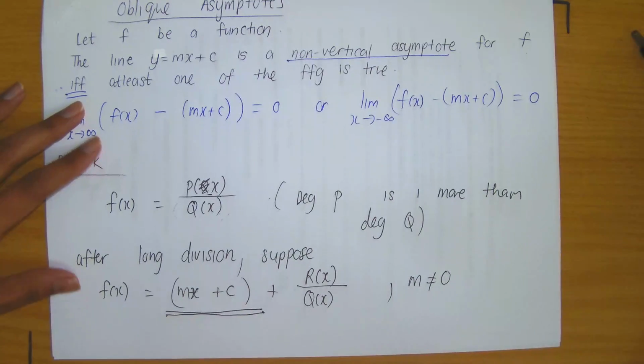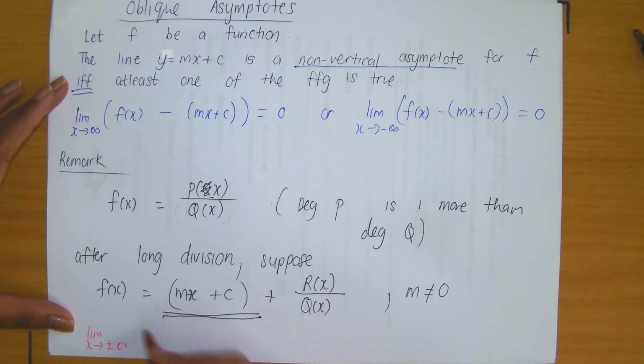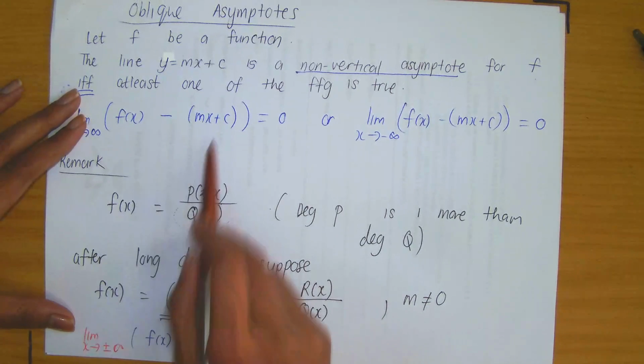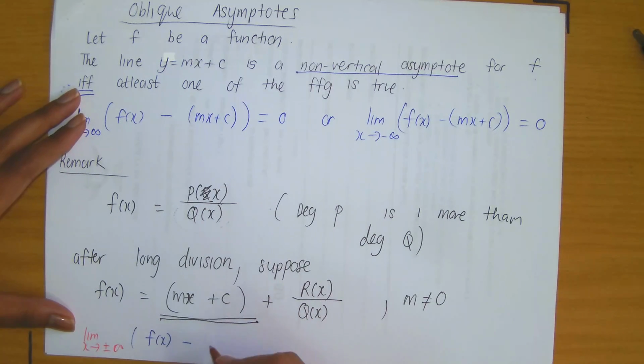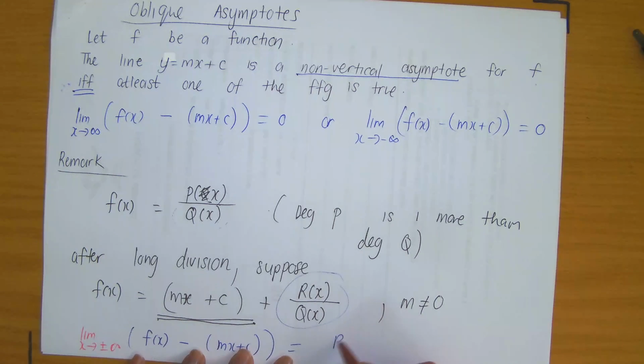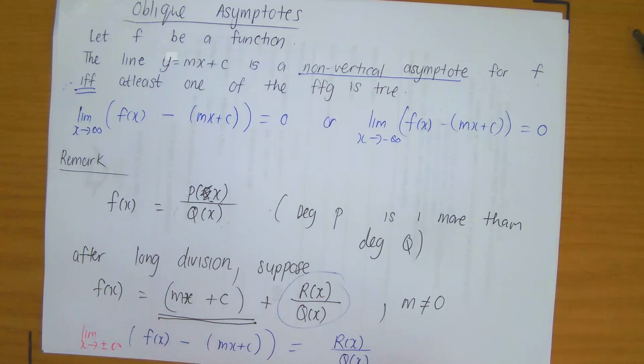And observe that if I needed to compute the limit as x approaches positive or negative infinity, then it amounts to simply saying that I'm taking f of x minus mx plus c, which will then give me back the remainder divided by the divisor.